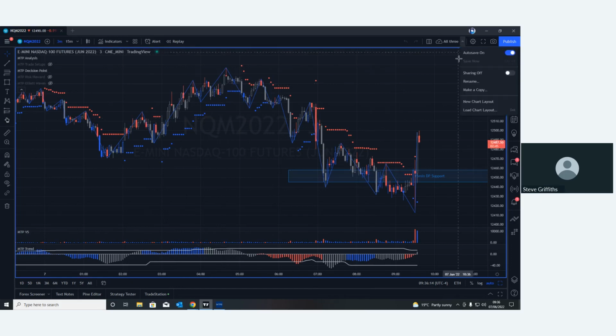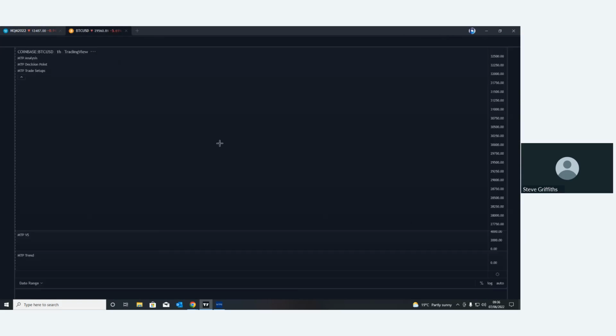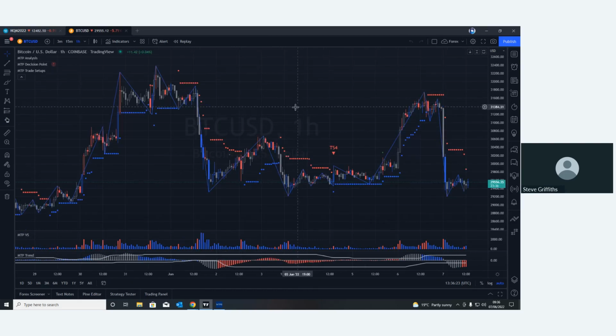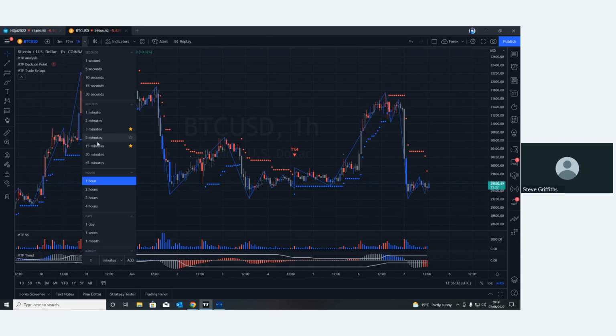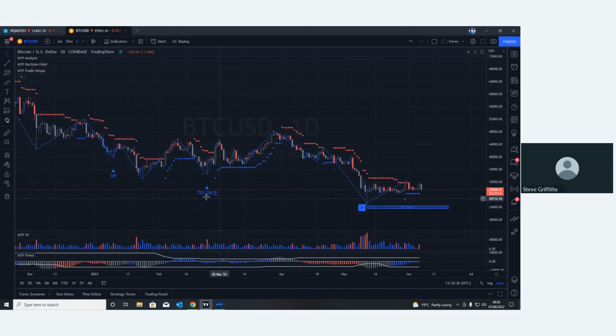And if I open a chart I had a while ago on Bitcoin, here's a Bitcoin chart as well. They're exactly the same as we have for anything else. So our same kind of setups if you're using TradingView.